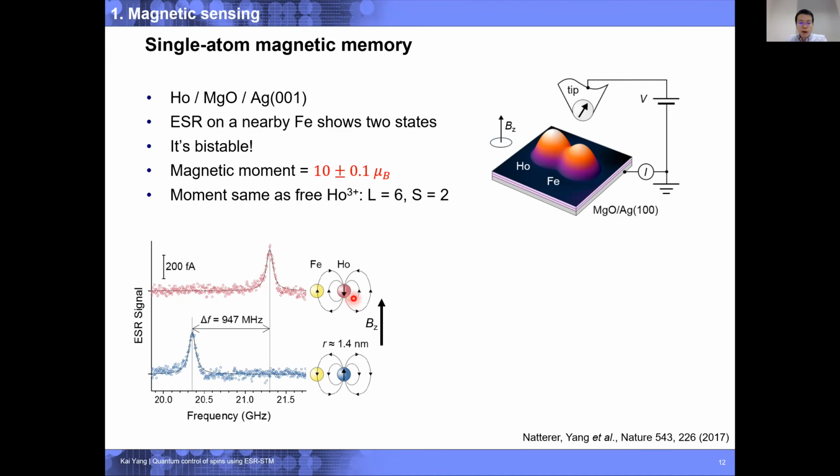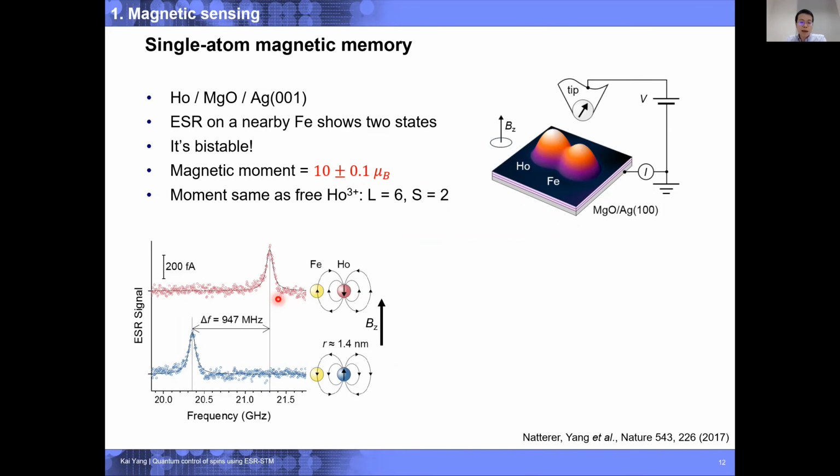For example, when the magnetic moment of the holmium is antiparallel to the external field, it can produce a magnetic dipolar field that is parallel to the DC field. This makes the iron experience a larger Zeeman field, so correspondingly, the ESR peak will shift to higher frequencies. When the holmium atom flips its magnetic moment, the ESR peak will shift to lower frequencies.